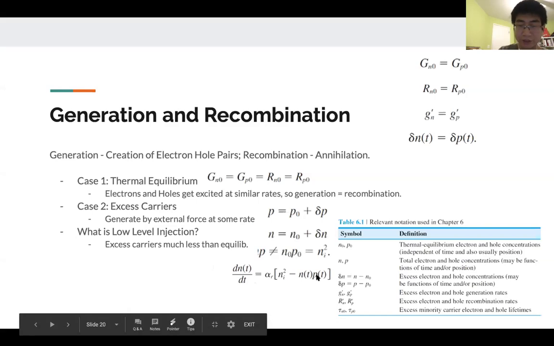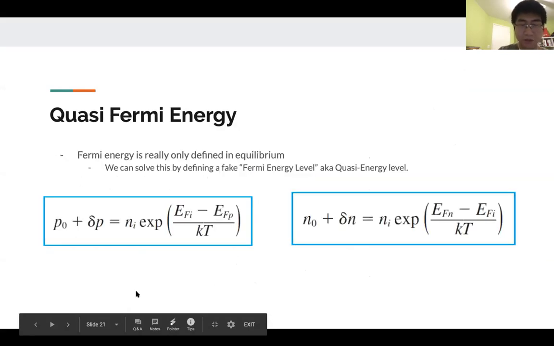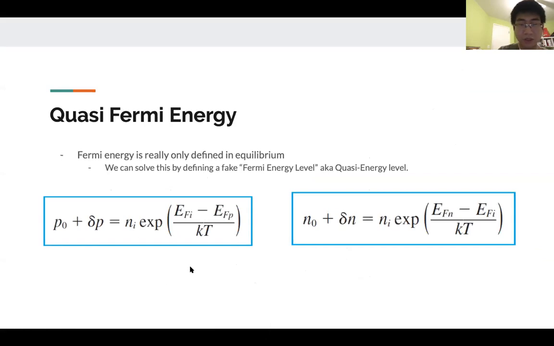It obeys this differential equation that we have here. As a result, because it changes, we can't really define a Fermi level, because it would just be changing all the time. But we can solve this by defining a fake Fermi energy level, or a quasi-Fermi energy level.